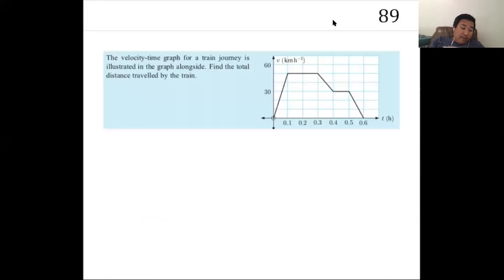So the velocity time graph for a train is illustrated in the graph alongside by the total distance traveled by the train. So what you could do is take the integral of this function. This is f of x. Take the integral of f of x from 0 to 0.6, which is just equal to the area under the curve.